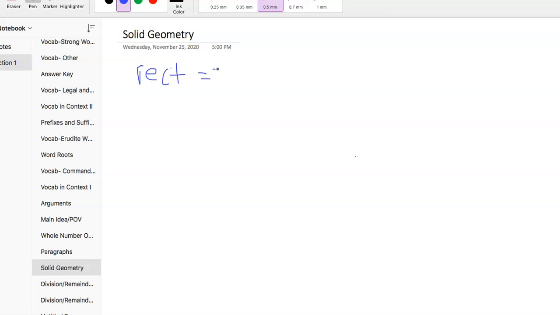Okay, surface area of the rectangular solid, okay, equals 2 length times width plus 2 width times height plus 2 length times height.